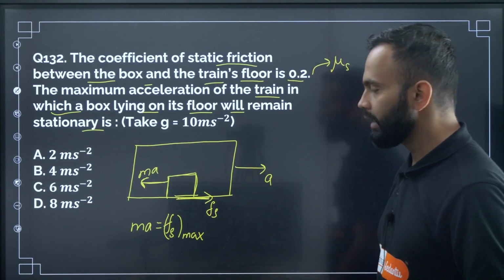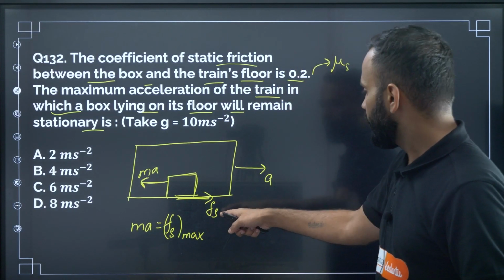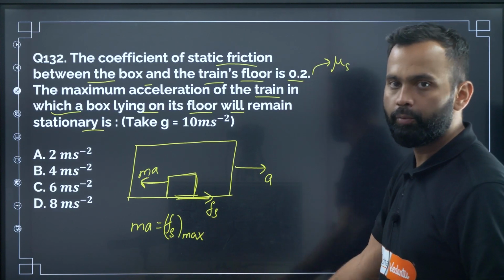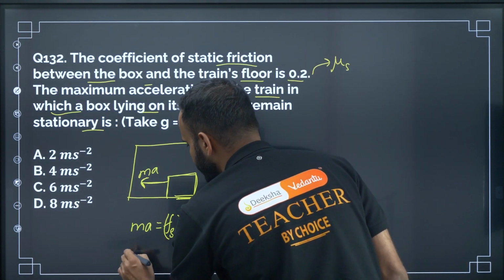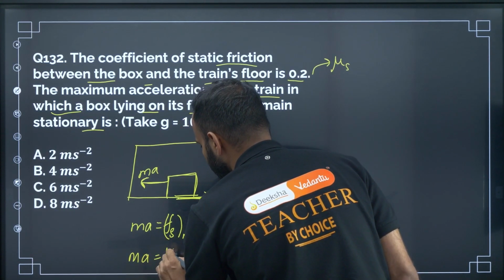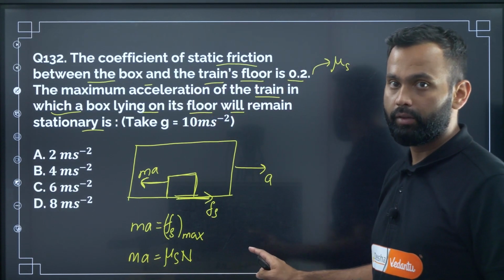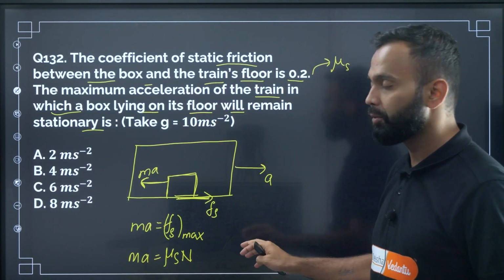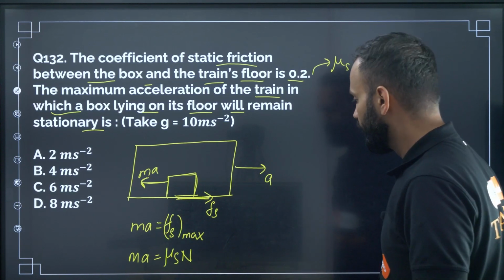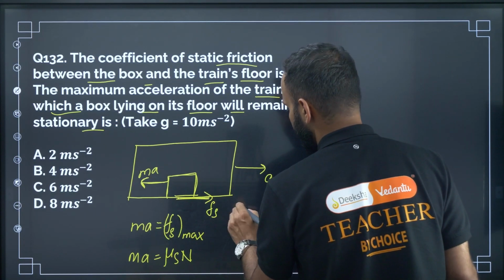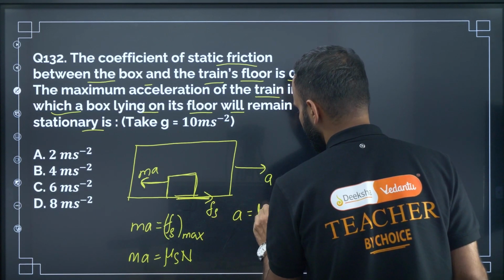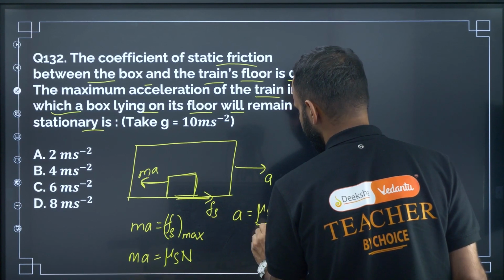The maximum static friction is mu s into n, so m into a equal to mu s into n. I am writing maximum static friction, that is limiting friction, not just static friction. So a is equal to mu s into n divided by m.